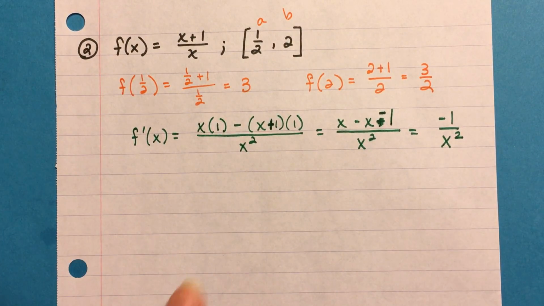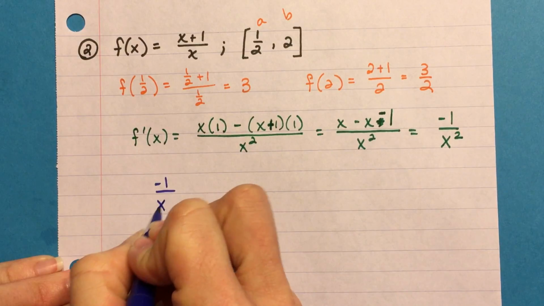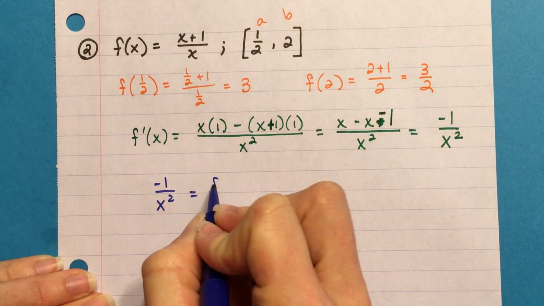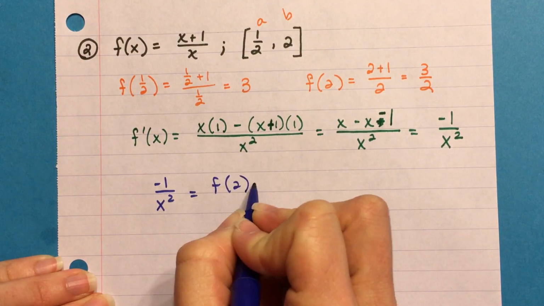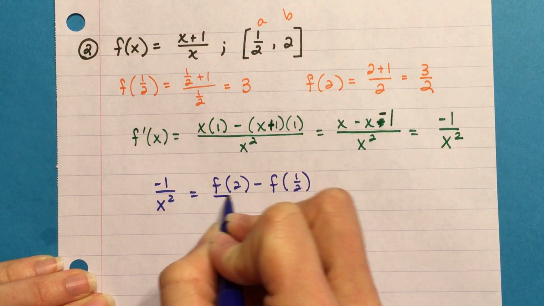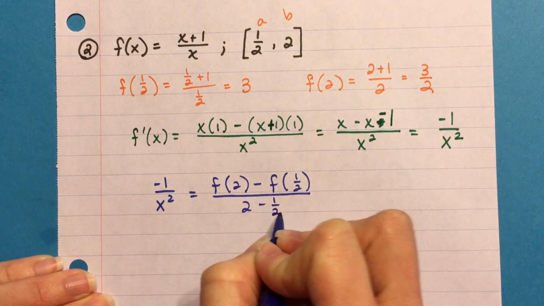Okay, so that means that my derivative would need to be equal to f of 2 minus f of 1/2 divided by 2 minus 1/2.